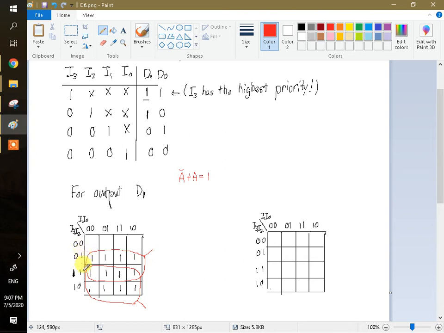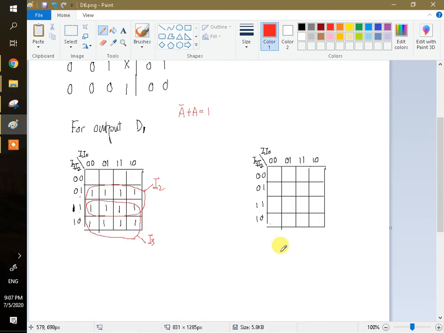So what we have is I2 here, because of this. For the second group, all I1 and I0 cancel, and I2 cancels, so we are left with I3. So here is I3.